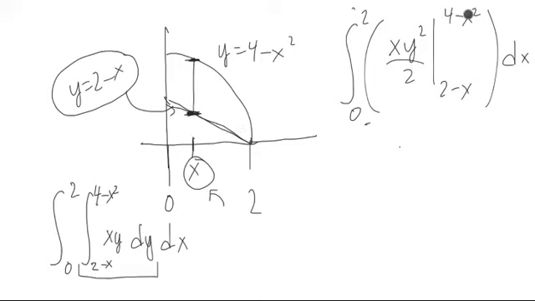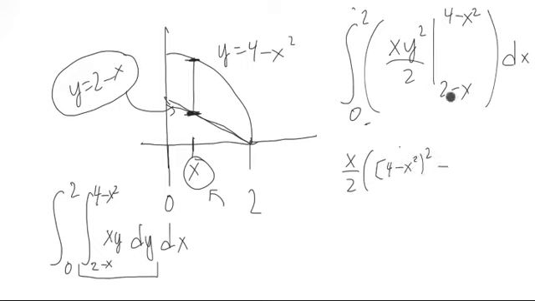Okay, so we plug in 4 minus x squared into this. And x over 2 can just sit on the outside here. It's like a constant with respect to y, so we could factor it out and just take the difference of y squared. So plug 4 minus x squared into y squared, so we get 4 minus x squared, quantity squared.